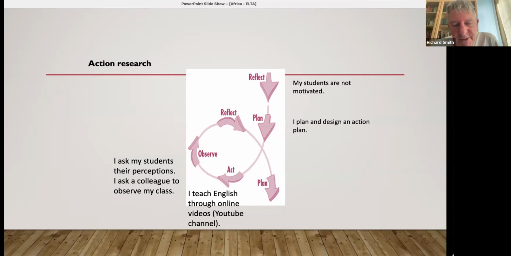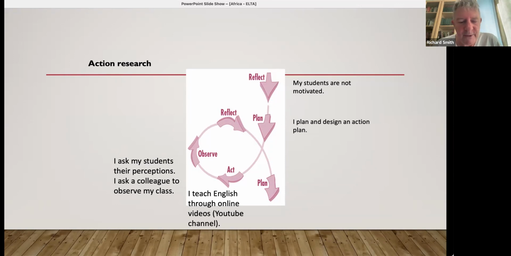The ways of getting data that I'm going to talk about are quite down to earth, and we have to think of things which are not going to interfere with your teaching too much, which will not give you too much extra burden, because you're already very busy teachers, and you maybe don't have time to develop a big questionnaire or get data which requires a lot of extra work.